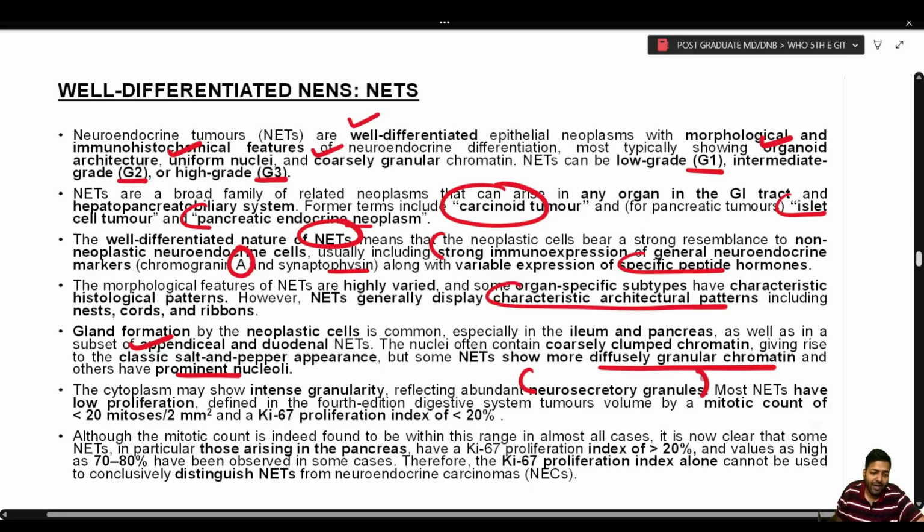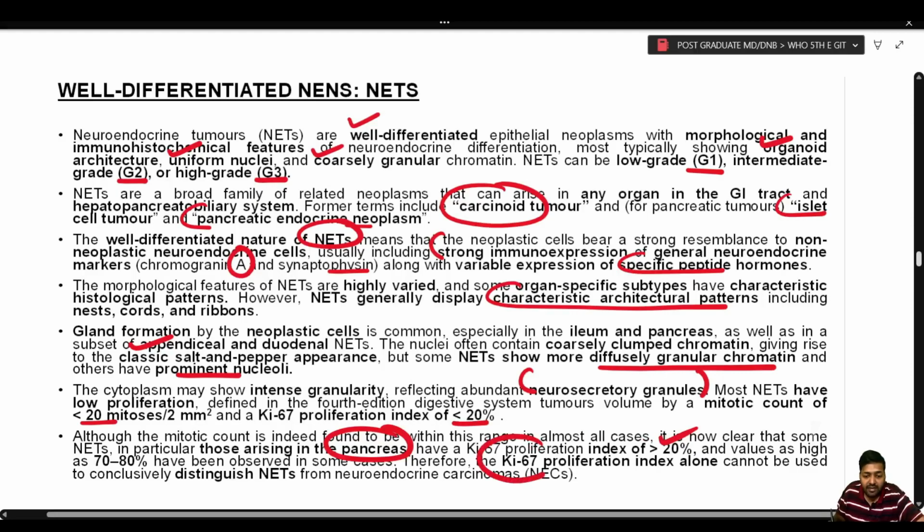Most of the neuroendocrine tumors have a low proliferation, defined in the 4th edition digestive system tumors by a mitotic count of less than 20 and a Ki67 proliferation index of less than 20%. Now, although the mitotic count is indeed found to be within this range in almost all cases, it is now clear that some neuroendocrine tumors, particularly those arising in the pancreas, have a Ki67 proliferation index of more than 20%, and values as high as 70 to 80% have been observed in some cases.